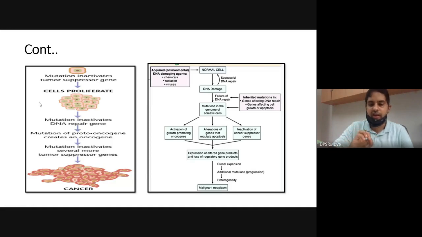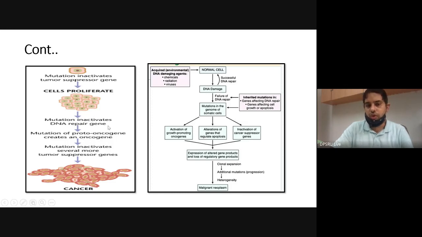These environmental factors will cause mutations, and those mutations will inactivate the tumor suppressor gene. In our body, there is a tumor suppressor gene. So these mutations will inactivate the tumor suppressor gene, and as a result the cells proliferate much more. Mutations also inactivate DNA repair genes, and mutations of a proto-oncogene create an oncogene.